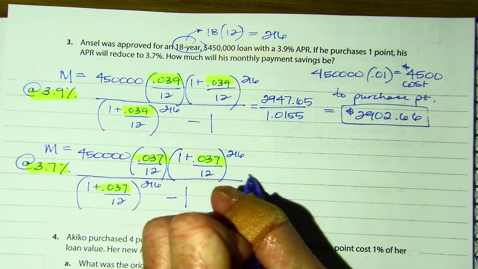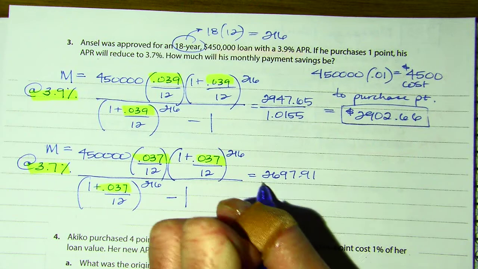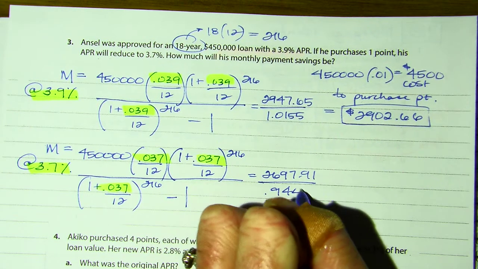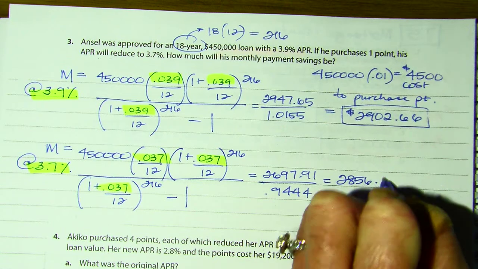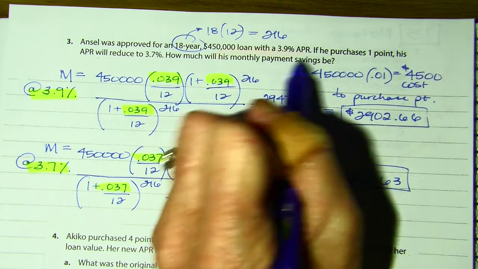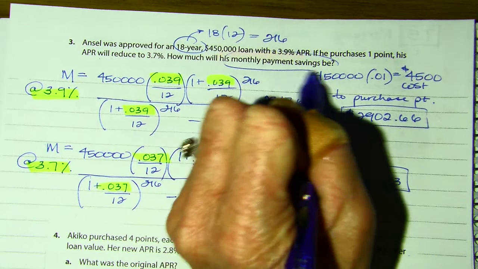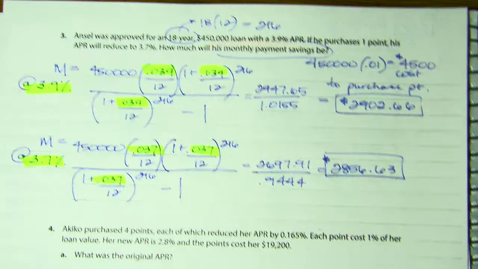I entered this in my calculator and I got 2697.91 over 0.9444. So now my monthly payment is $2856.63. So I wanted to know what would his monthly payment savings be. So what would he save per month if he purchased the point?